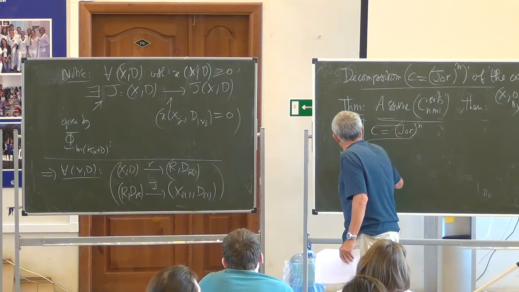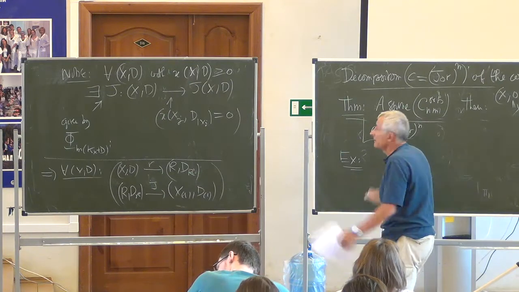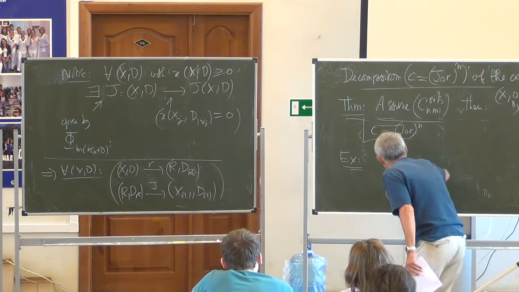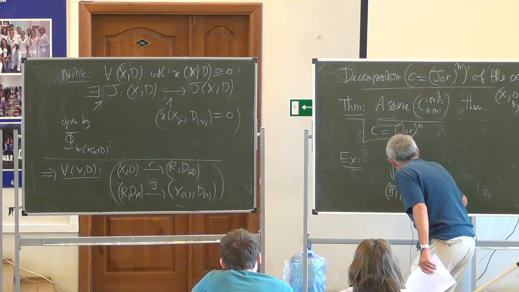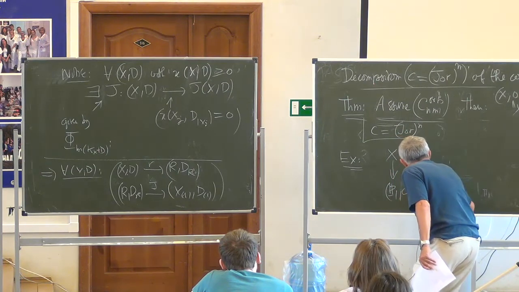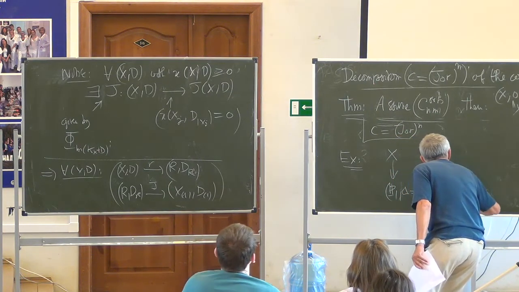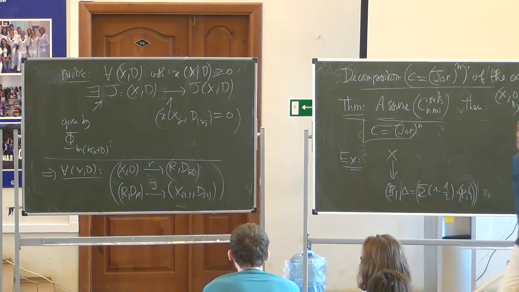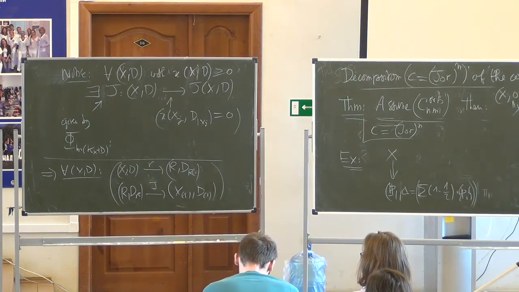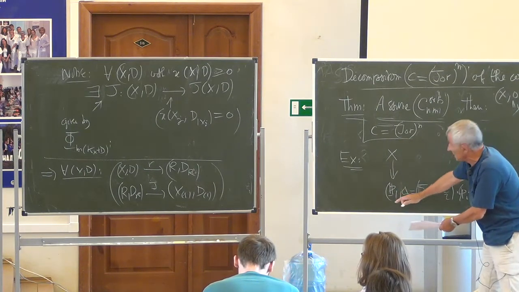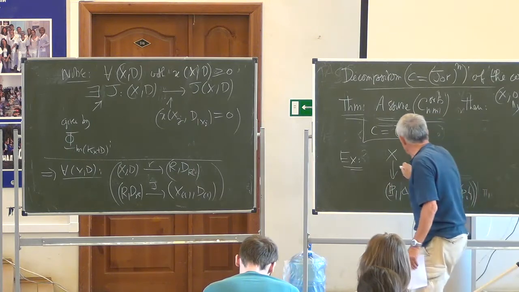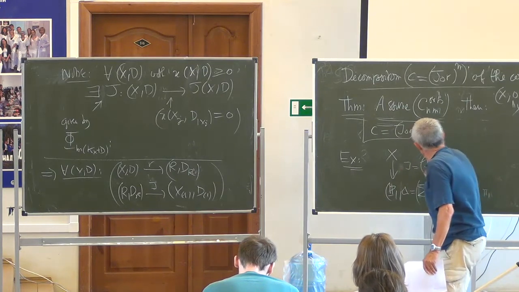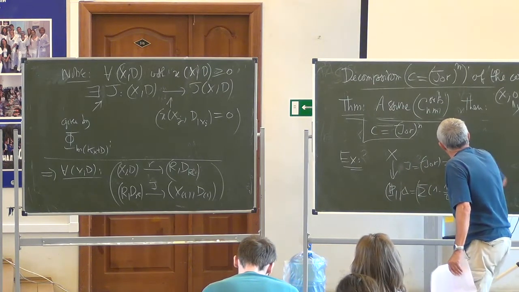Example. Take our example where we had our surface X, which was going to P1, with this Delta, which was the sum of 1 minus 1 over 2 of these points P_i here. So we got this, and so we see that here we have this decomposition, and this is J, and this is also J R, and this is also J R squared.